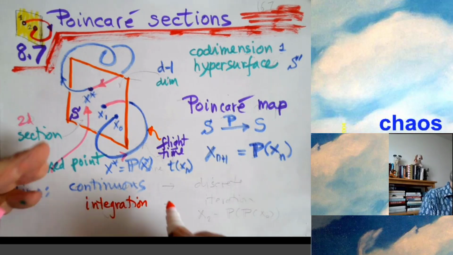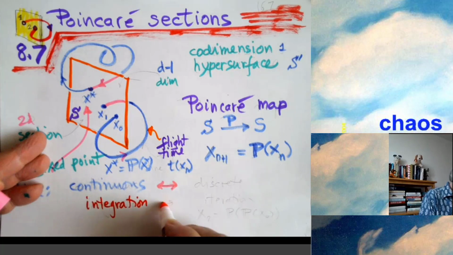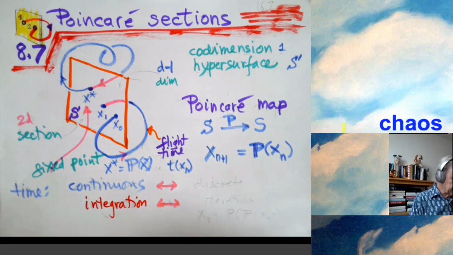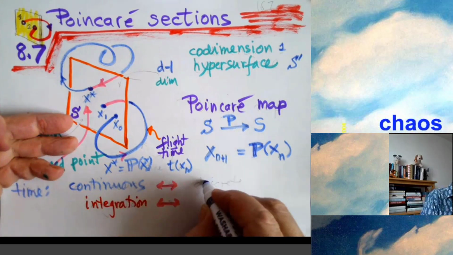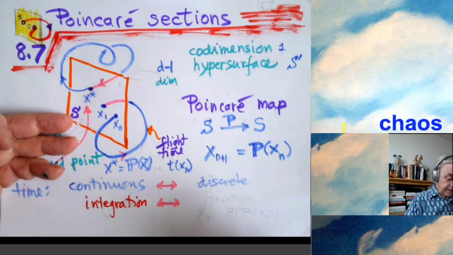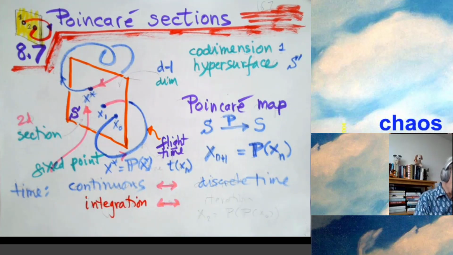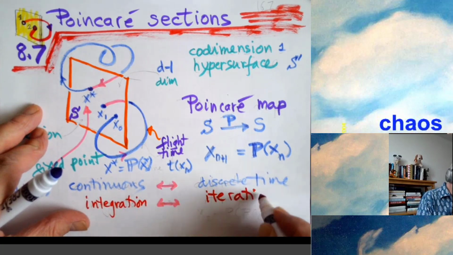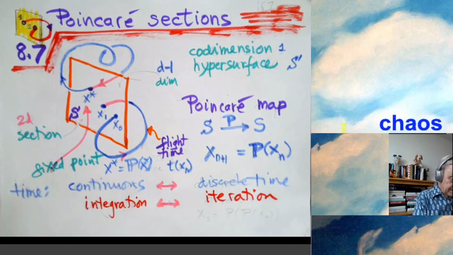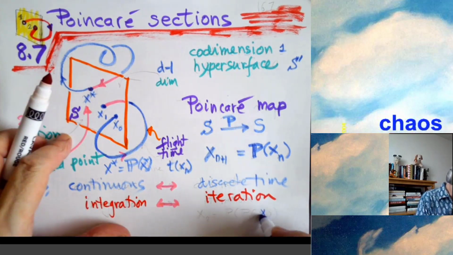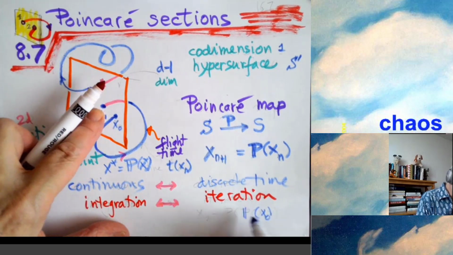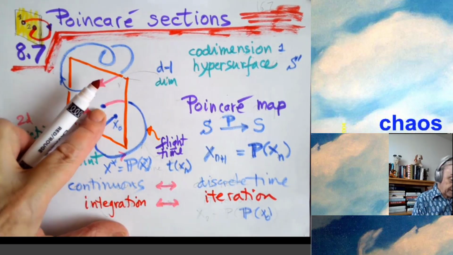Now, if this was a course taught in a math department and not in physics or engineering departments, then it would be very natural to start with discrete time. And the way dynamics is described in discrete time is by iteration. What does it mean? You start at x0 here. You find the next point using this map.